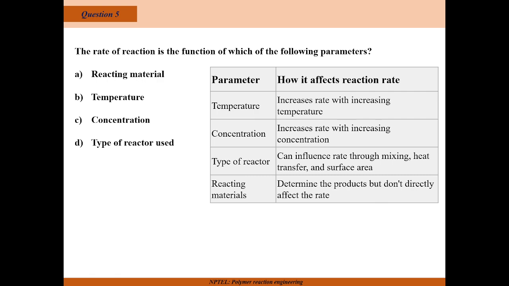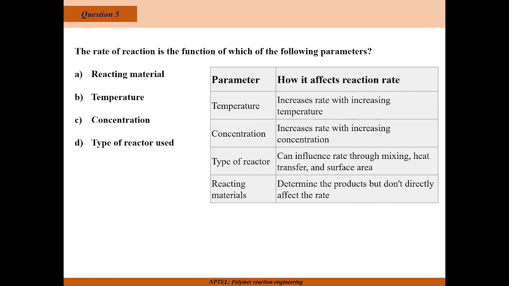We can get the same product C from a reaction between A and B, or maybe from A and D. So material will also play a crucial role, but when we fix the material, then majorly the other three components are the major contributing factors, and once the reacting material is determined, there is not much to do after that.